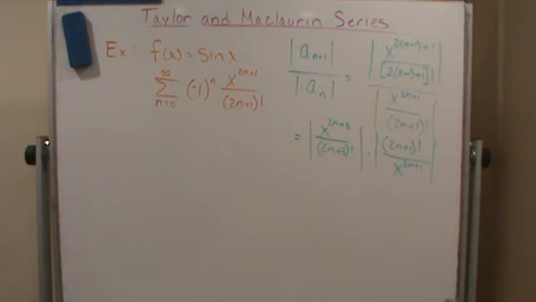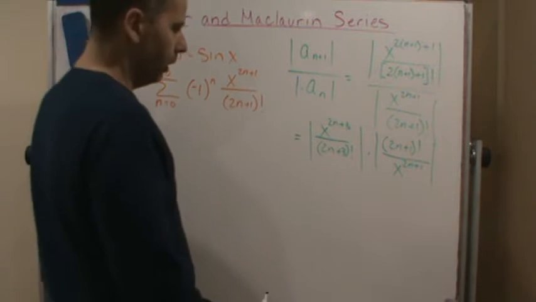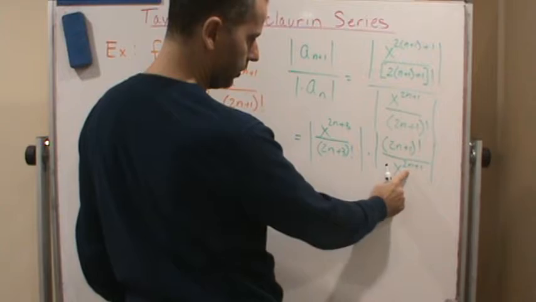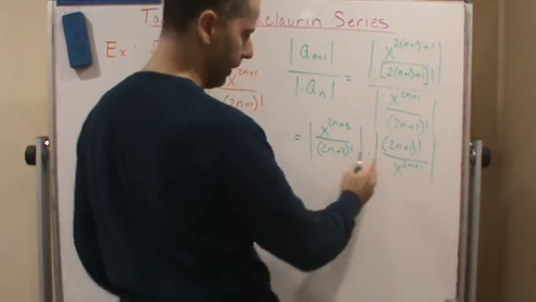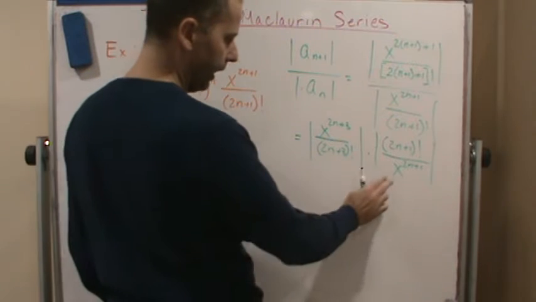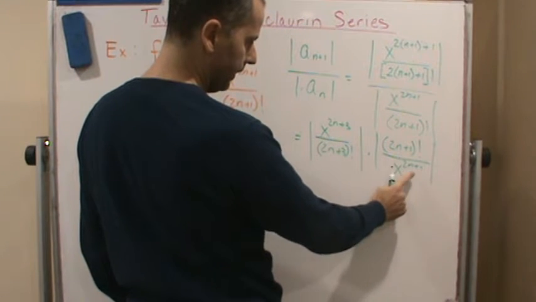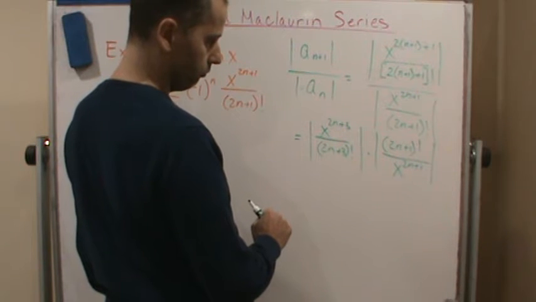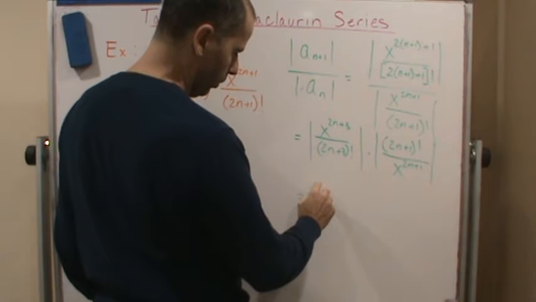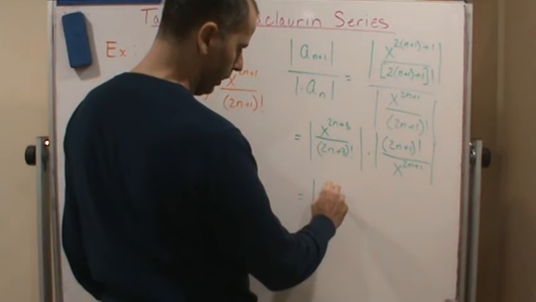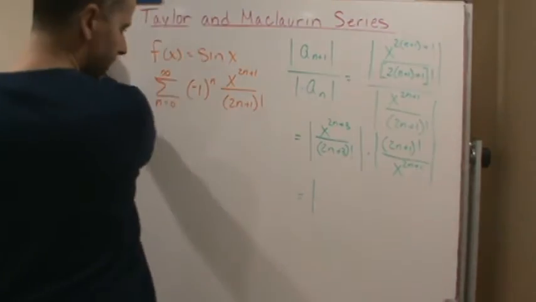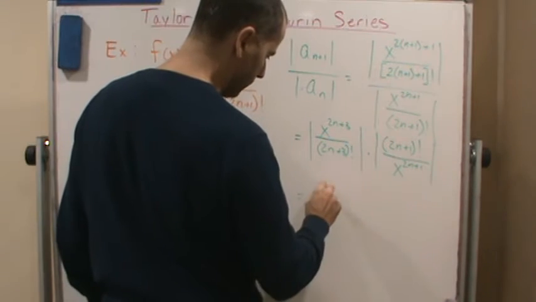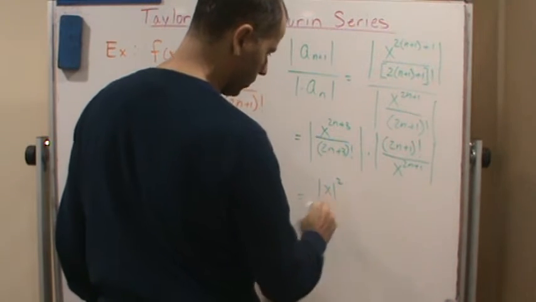Okay, so here we have x to the 2n, and again this is a multiplication, so we can bring this absolute value together, okay? And then I can cancel these with these, and I'll have two x's left over. So this is going to equal the absolute value of, well, since this is positive, I'm just going to write this as the absolute value of x squared.